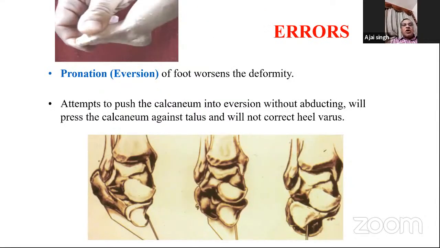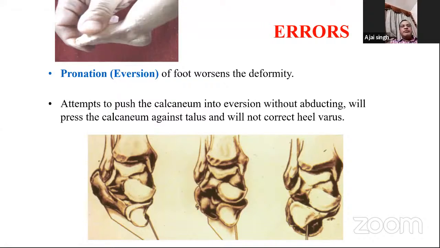The common errors made by Kite in his manipulation were that he did the eversion of the foot, which increases the deformity of the hindfoot. Any attempt to push the calcaneum into eversion without abducting will press the calcaneum against the talus, and this will not allow the heel to go into varus.